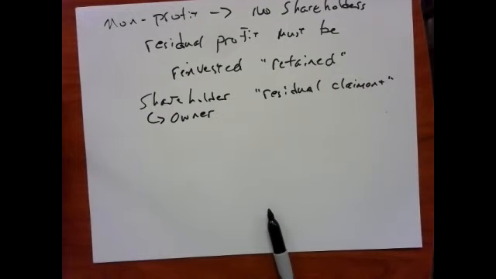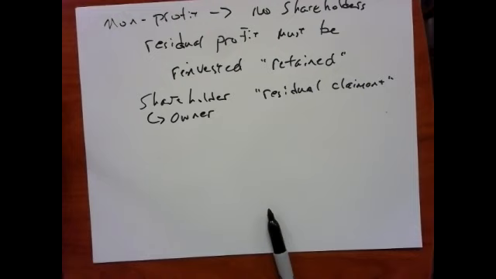Whether you're a proprietorship, a partnership, or a shareholder in a corporation, you are a residual claimant. Residual means the stuff that's left over. So when we talk about a residual claimant, what we're talking about is that owners have a right to the profits of a company.